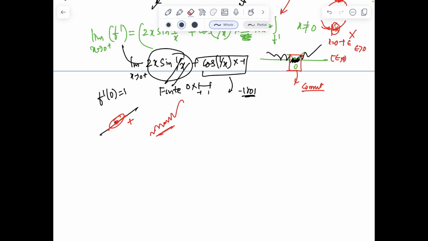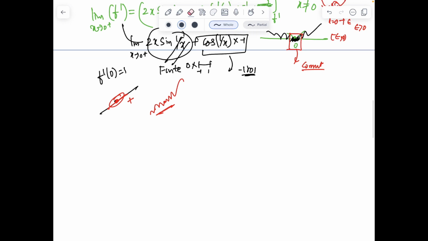So from here what we can tell is, since f dash 0 is not 0, we are basically hunting for an open interval containing 0 in which f dash x never vanishes. But we know f dash is given as continuous. F dash is a continuous function, which I have discussed just now in great detail.